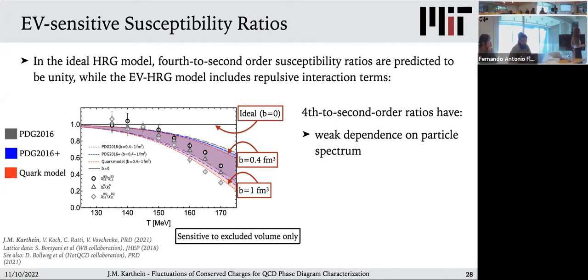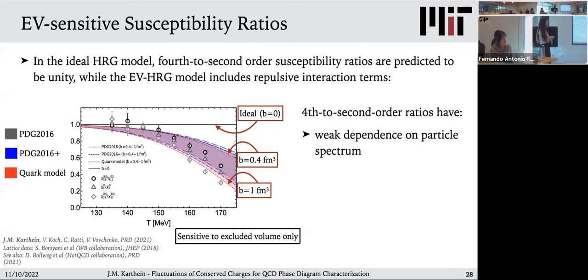So if I want to look at my constraints on that new free parameter, I can look at the agreement with the lattice QCD data. These bands are for a range of this excluded volume parameter between 0.4 and 1, where 1 is the maximum.